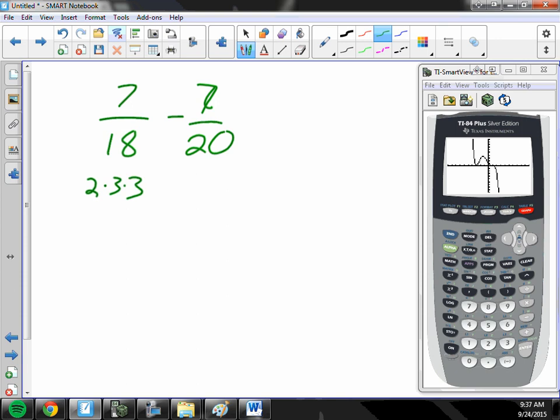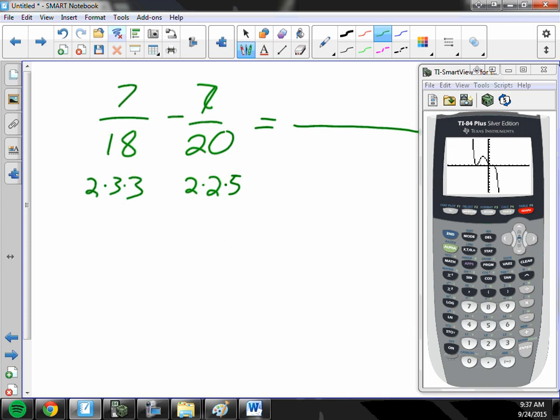What's 20 made up of? 5 and 4, which becomes 2 times 2 times 5. So how many 2's does the common denominator have to have? 2. Could I put in 3? Yes, but then I'd have to simplify my answer by dividing out that extra one.